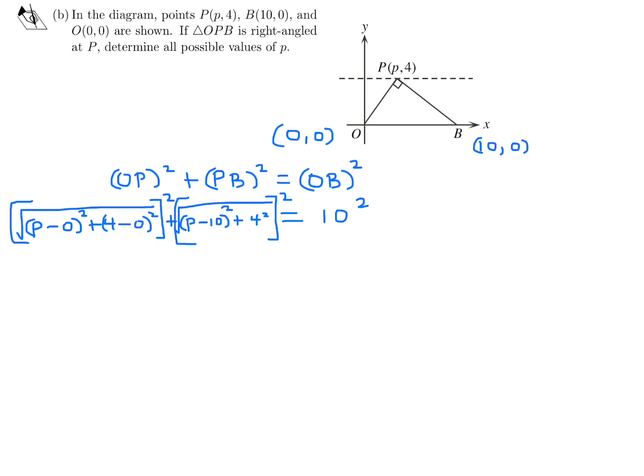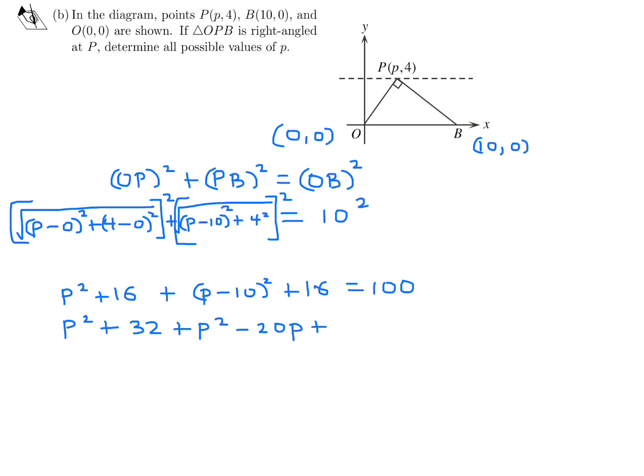So the good news is when you square it, the radical signs disappear. This just becomes p squared plus 16. And on this side, we have p minus 10 squared plus 16, and that's equal to 100. So we'll multiply all this out. p squared plus 16 plus p squared minus 20p plus 100 plus 16 is equal to 100. Let's collect like terms.